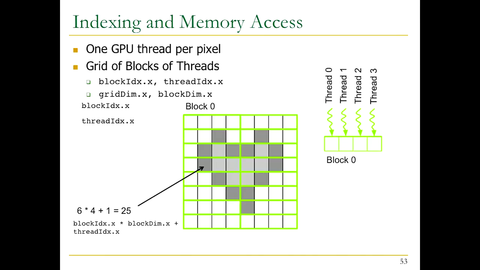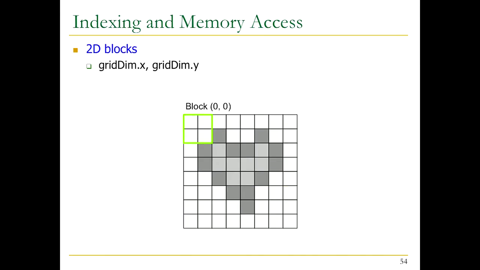In a very similar way, we are going to do that for 2-dimensional blocks. When we have 2-dimensional blocks, or we have a 2-dimensional grid, we are going to use 2 indices, x and y. And when we launch the kernel, we not only define how many thread blocks we want to launch, but also how many thread blocks in each dimension.